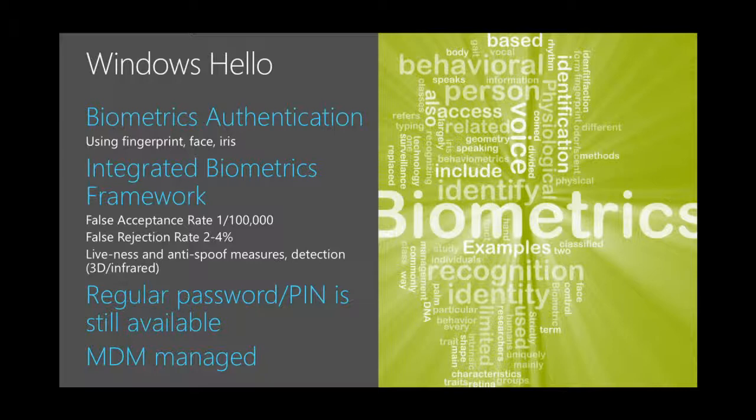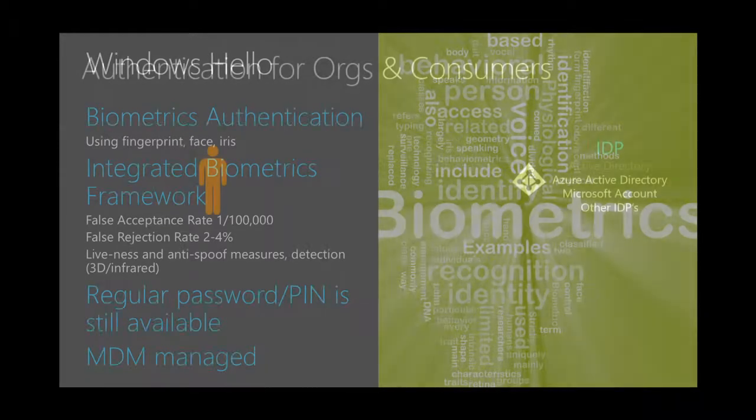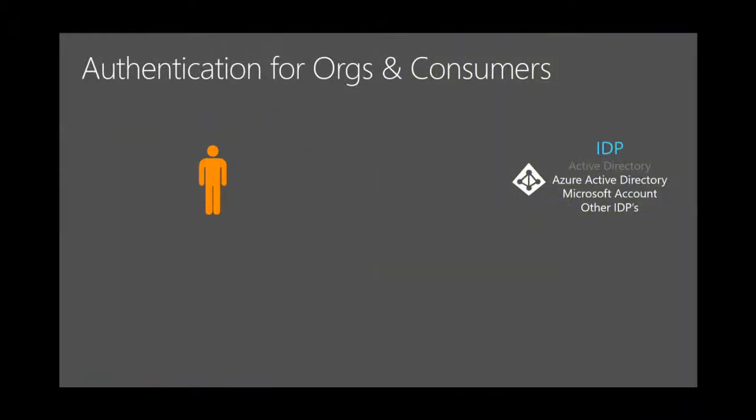If they are using 1111 or 1397, you can make that more complex and eliminate those types of patterns if you want, so that it is a more secure authentication mechanism that you want to implement within your organization.